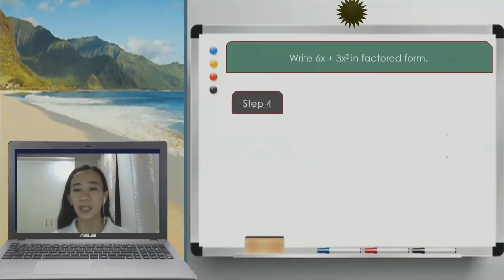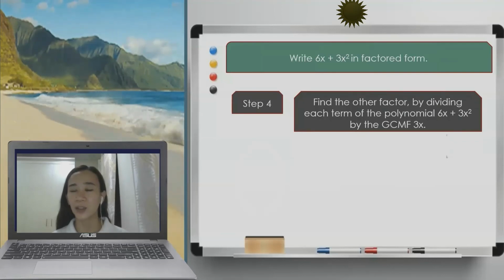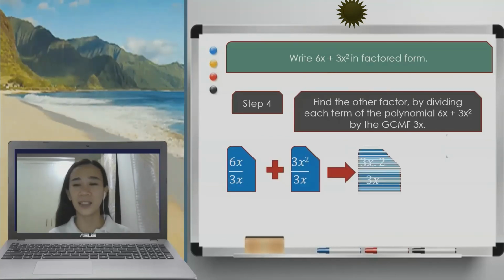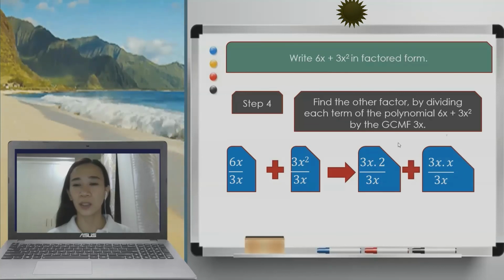Next step is to find the other factor by dividing each term of the polynomial 6x plus 3x squared by the GCMF 3x. 6x is equal to 3x times 2, and 3x squared is equal to 3x times x.